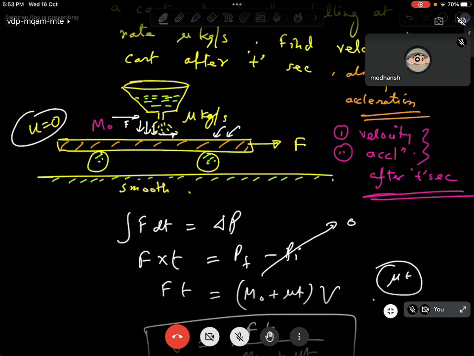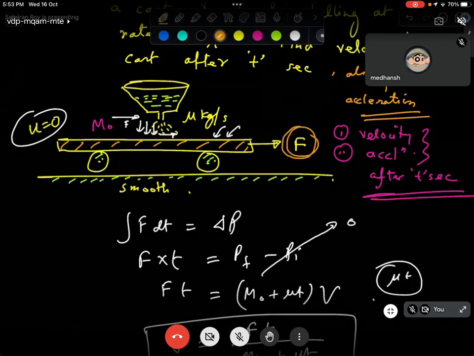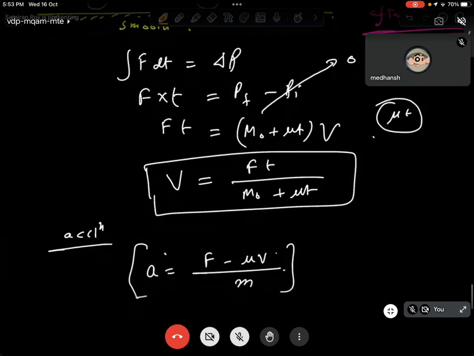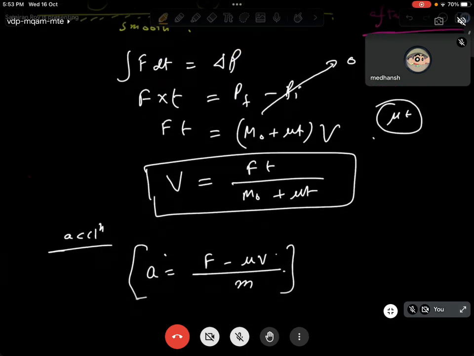Obviously, that force is coming from the force whatever is applied on the cart. So, what is mu into v relative? You remember? I told you what is this? Thrust force, yeah, this is thrust force.